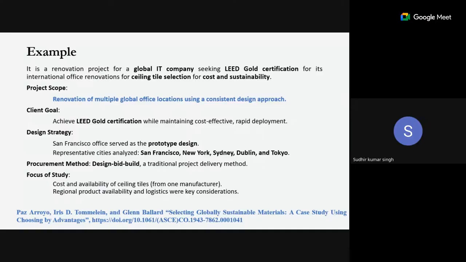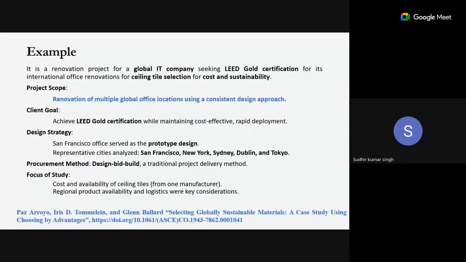So the project scope is they're selecting the ceiling tiles, which are your false ceiling, as we call it, for cost and sustainability. Scope is they want to renovate multiple global office locations using a consistent design approach. I'll share this to you.